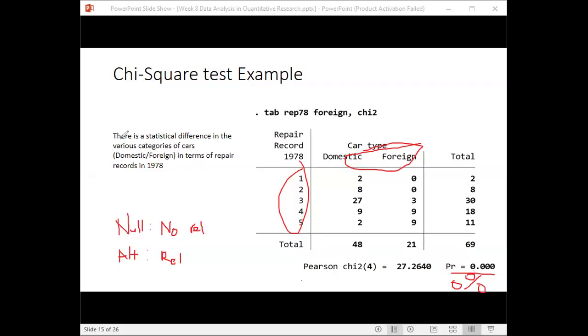So the conclusion is that there is a statistical difference between the categories of cars, whether domestic or foreign, in terms of the repair records in 1978.